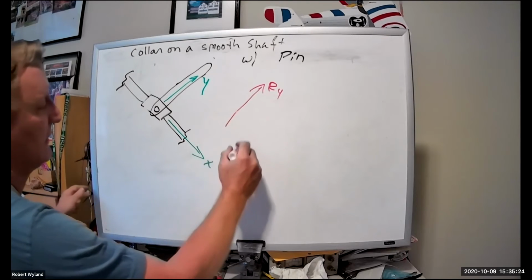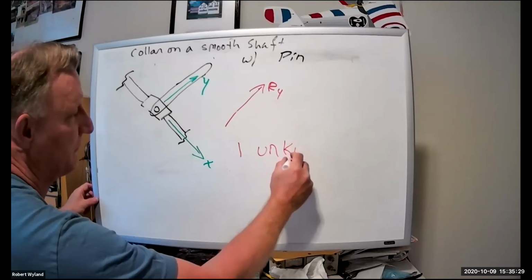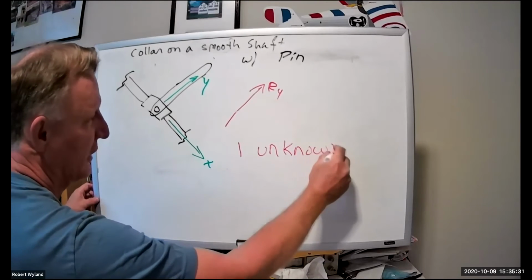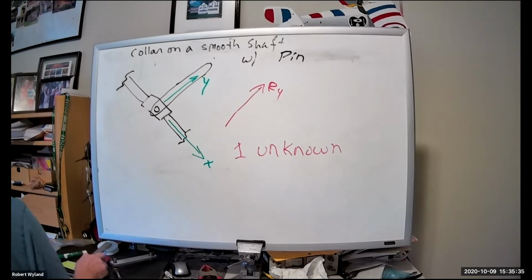So the only reaction we've got, and I should have been putting this all along, I didn't know if I put this in the last one or not: one unknown, or one reaction. And why do we call that an unknown?